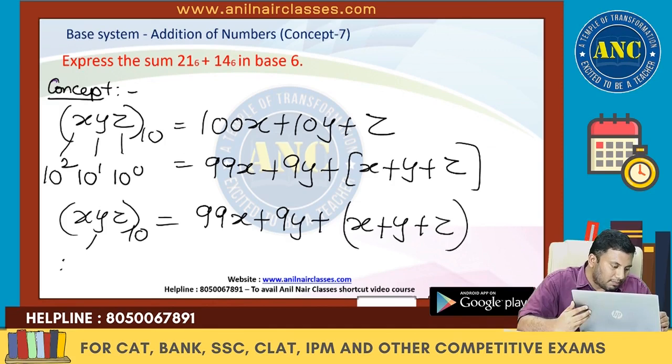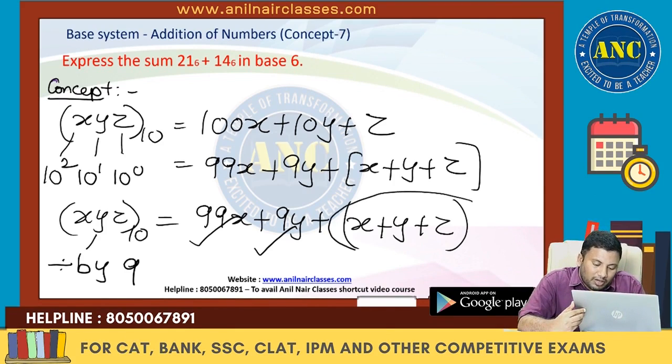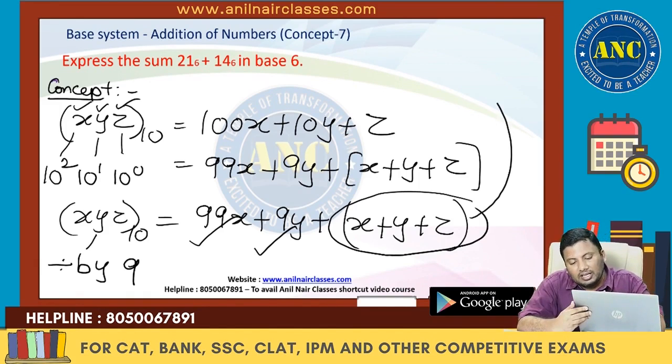If the left hand side is divisible by 9, 99x is divisible by 9, 9y is divisible by 9, so x plus y plus z should be divisible by 9. What are x, y, z? They are the digits in that number. So x plus y plus z is the sum of the digits.